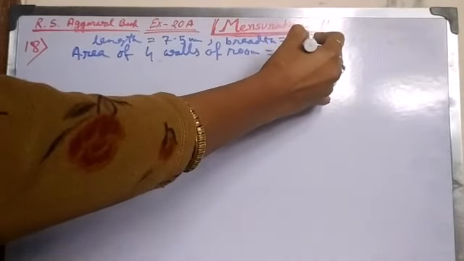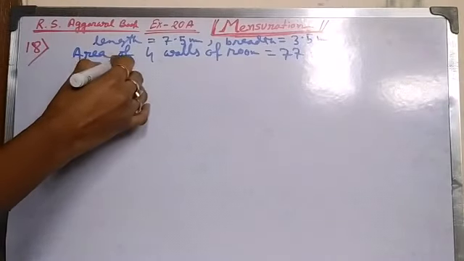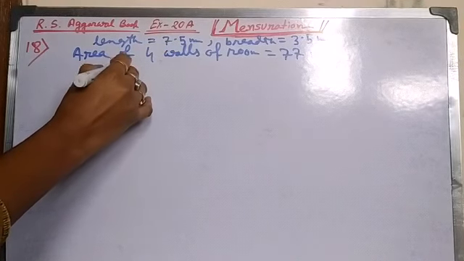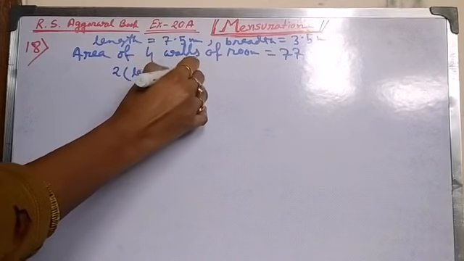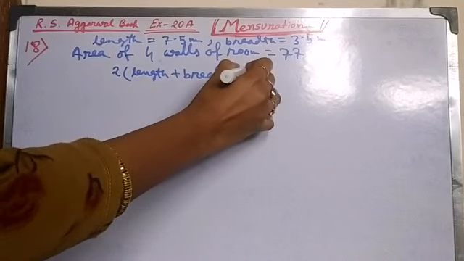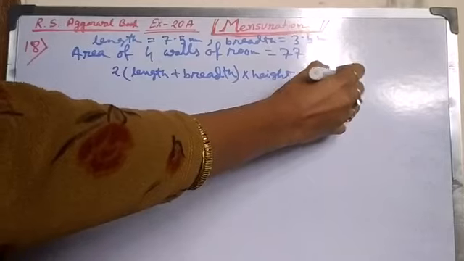So here I am putting the formula of 4 walls area. 2 into (length plus breadth) into height equal to 77.